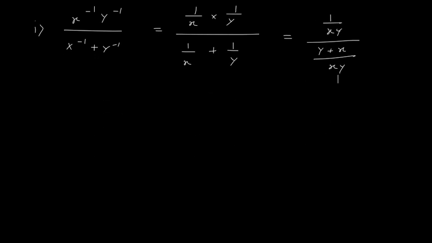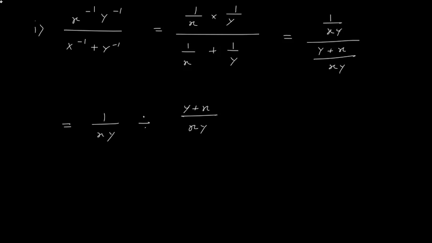So I will say that this is equal to 1 upon xy whole divided by, or better you can write it like 1 upon xy divided by y plus x upon xy.